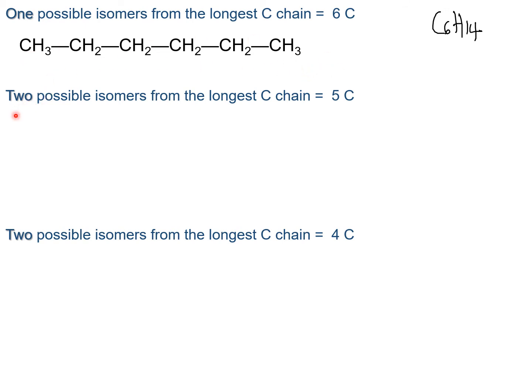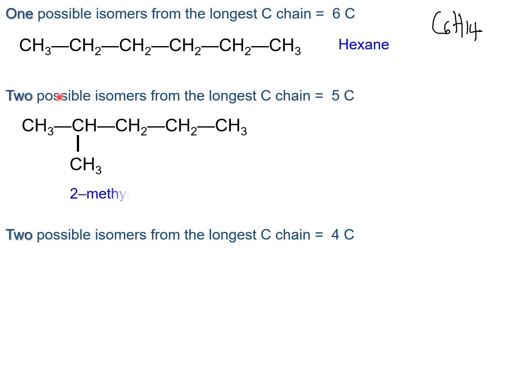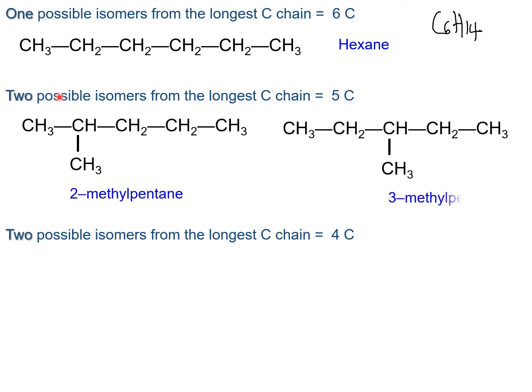Okay, next untuk bila kita dah pendekkan daripada 6 longest carbon chain jadi 5, kita dapati ada 2 possible isomers that we can do, which is 2-methyl-pentane and 3-methyl-pentane. Untuk naming ni tak penting, tapi this is just introductory for you so that you will get yourself familiarized. Alright?